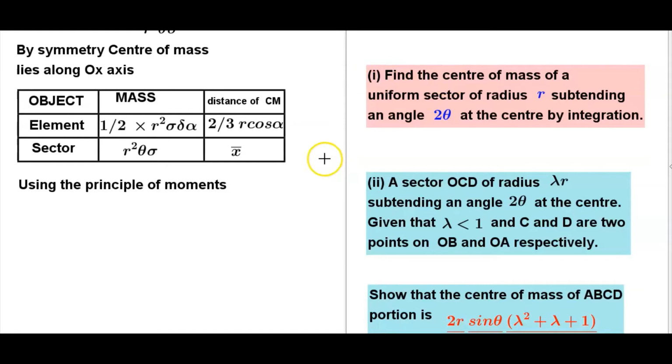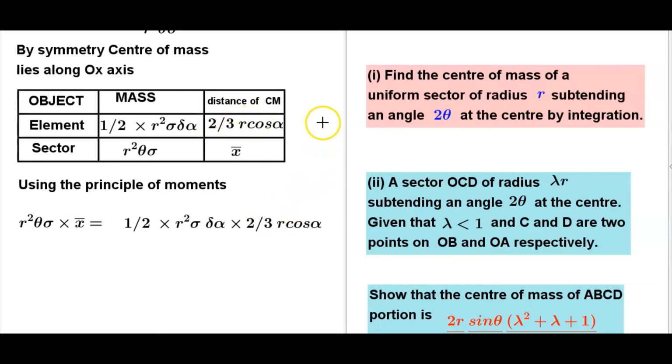Using the principle of moments, the moments of this sector equal the moments of all possible elements. Therefore r squared theta sigma into x bar is equal to the moment of one element: half r squared sigma delta alpha into 2/3 r cos alpha.